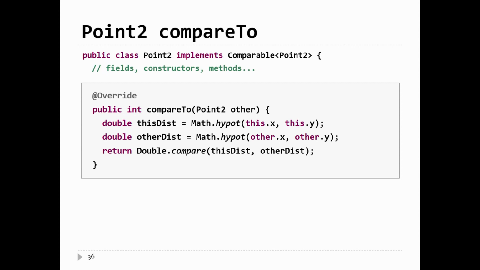A circle centered at the origin is the set of points equidistant to the origin. So our compareTo method returns 0 for any two points on that circle. But our equals method only returns true if the two points have exactly the same coordinates. So that is not consistent with equals.